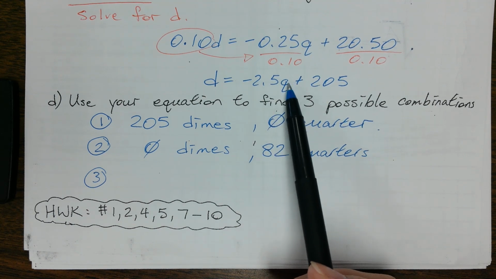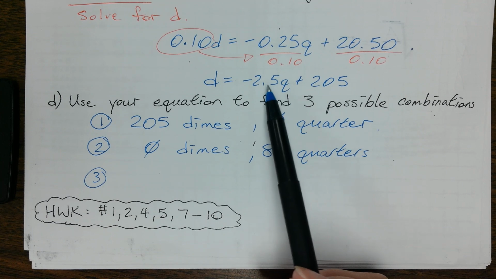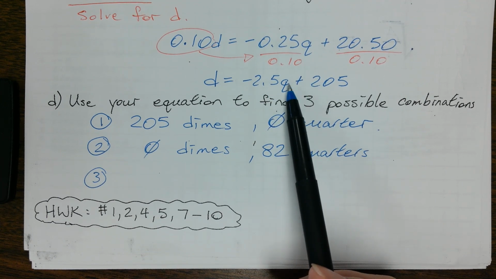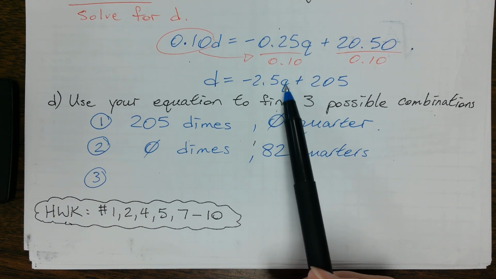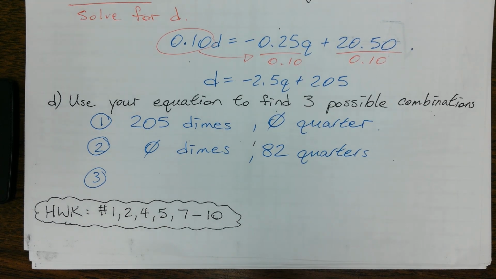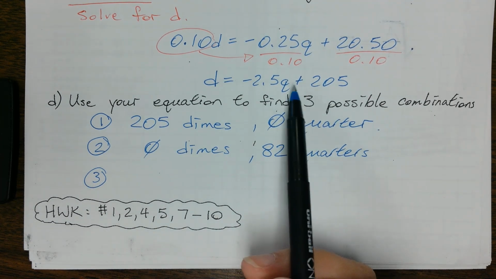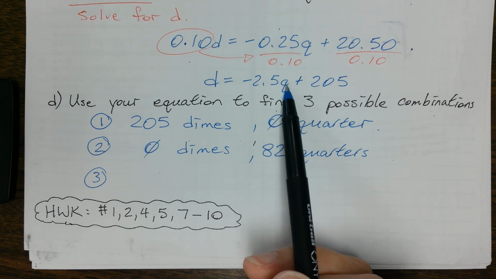Negative 2.5 times 1 plus 205. What do I get? I get 202.5 dimes. Can you have that? Can I have 0.5 of a dime? That does not equal a nickel. So if you go to the store and give them half a dime, they're not gonna take it as a nickel. So can I have 1 quarter? No. What's the minimum number of quarters I need to have here?